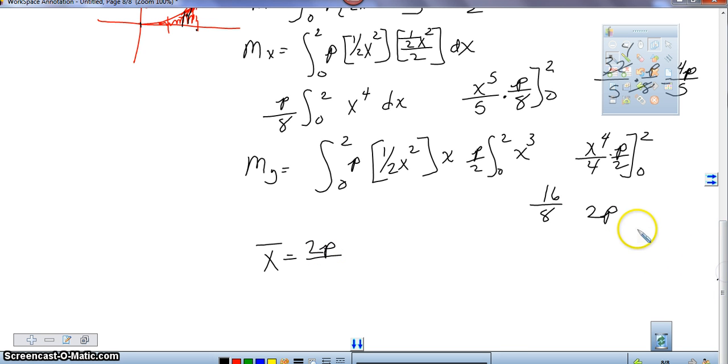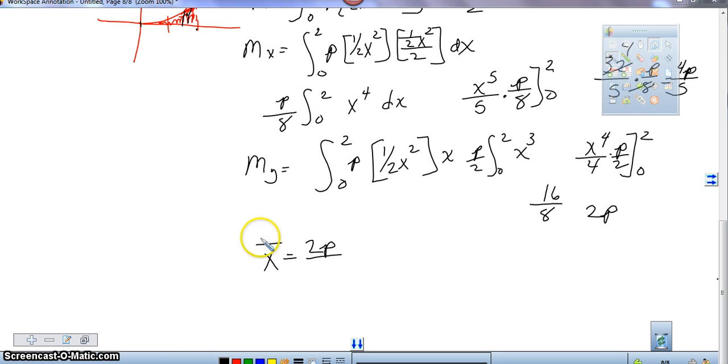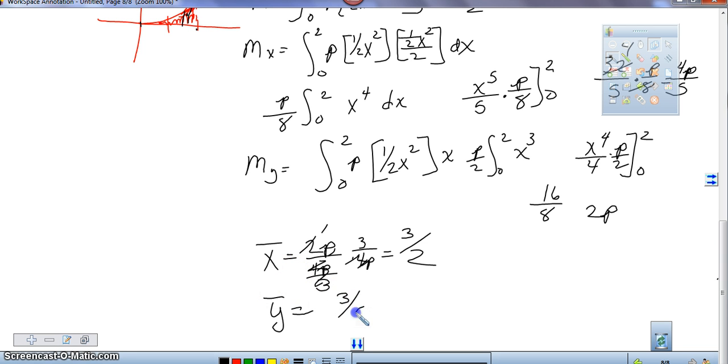It's been so long since we did that one. 4 thirds rho. So then I divide by 4 rho over 3. So if I multiply by 3 over 4 rho, the rhos cancel and I get 3 halves, which I believe is the right answer. And then if I do the y correctly, I should get 3/5. So what that's saying is right here at 1.5 and 3/5 is my center of mass, right about there.